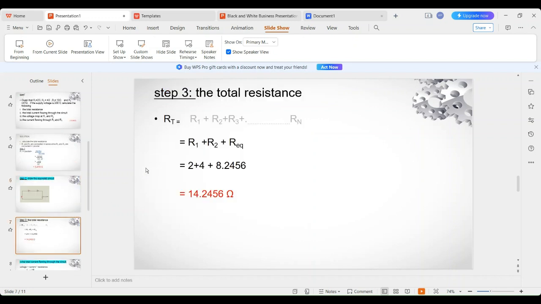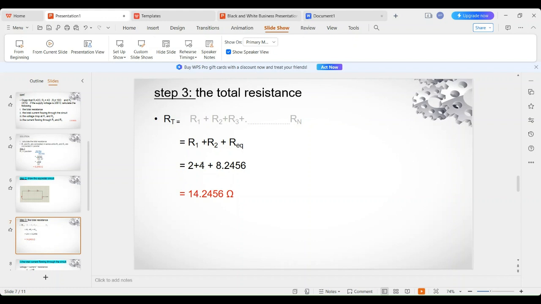We know that in a series circuit, the total resistance is given by R1 plus R2 plus R3 plus R4 all the way to Rn. In our case, we have three resistances, so we have R1 plus R2 plus our equivalent resistance.